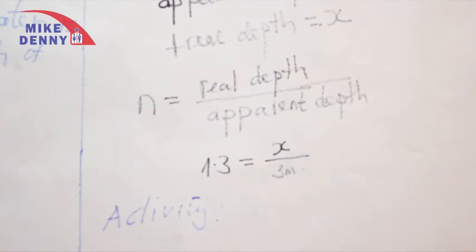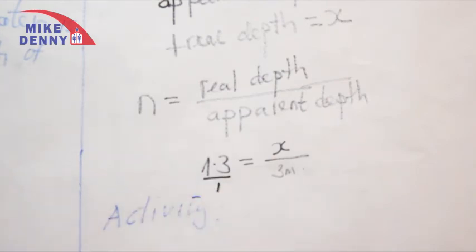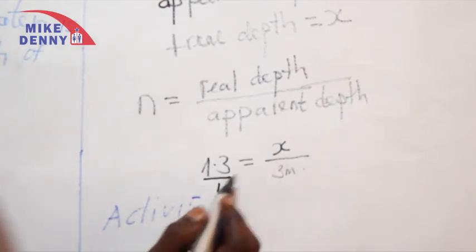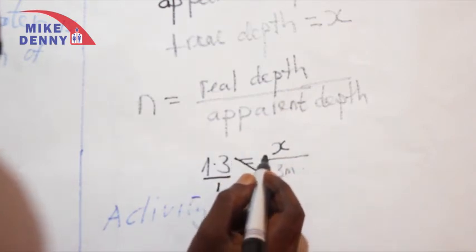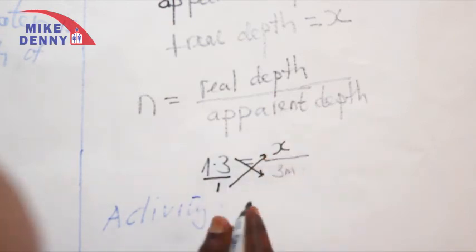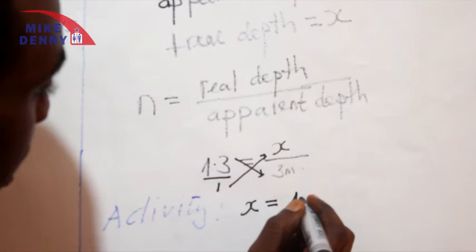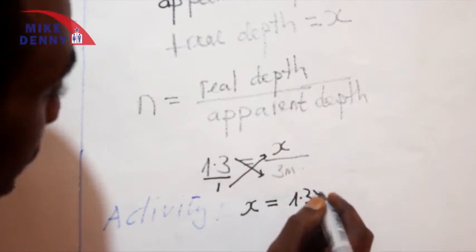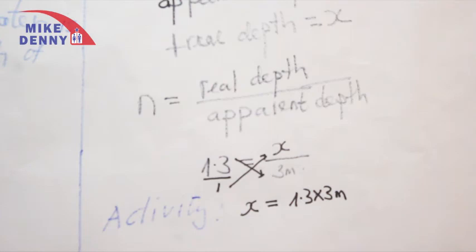Now, if you cross multiply, 1.3 over 1, 1 times X is X equals 1.3 times 3 meters.